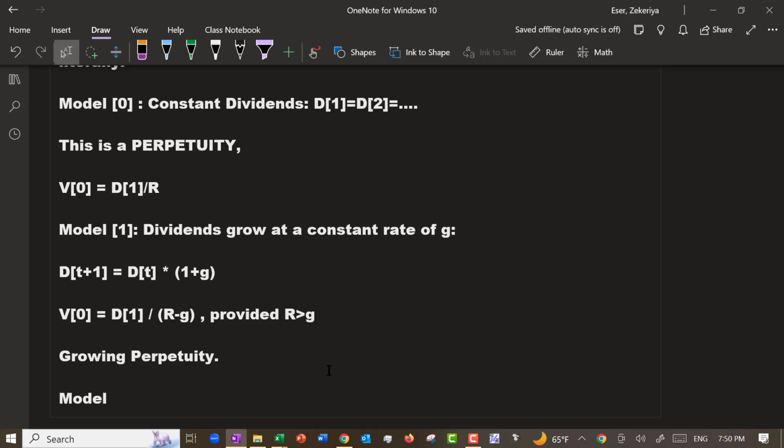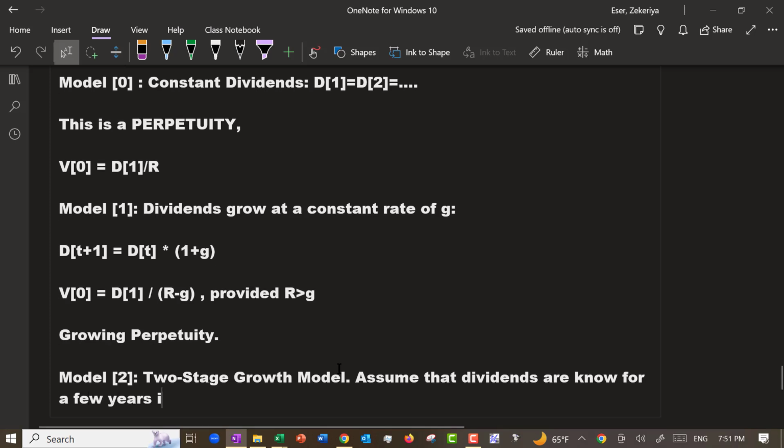And value is kind of, suppose they are known for 5 years. So we know D1, D2, D3, D5.